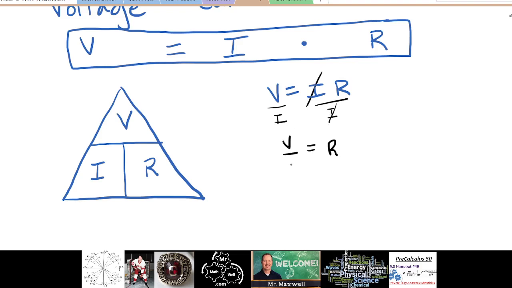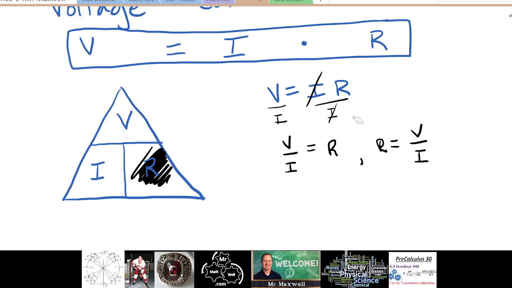That's how you can determine R. So how would I use this little triangle to show that? Well, I would cover up R, and look, V is on top of I. So I go voltage divided by current. That's how you can use this little triangle to help you remember this.